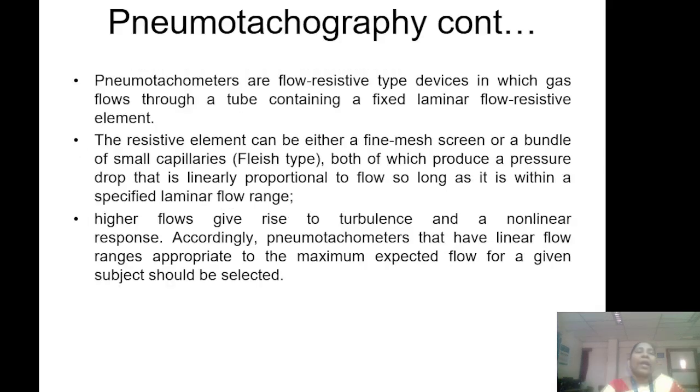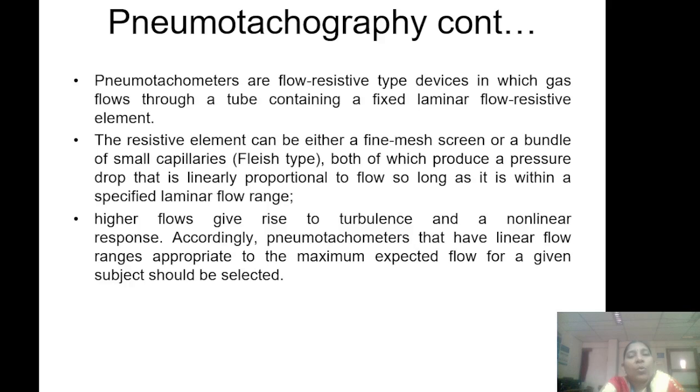This pneumotachometer is a flow resistive type device in which the gas flows through a tube containing a fixed laminar flow resistive element. This resistive element can be a fine mesh screen or a bundle of small capillaries, which produces a pressure drop that is linearly proportional to the flow, so long as it is within a specified laminar flow range.